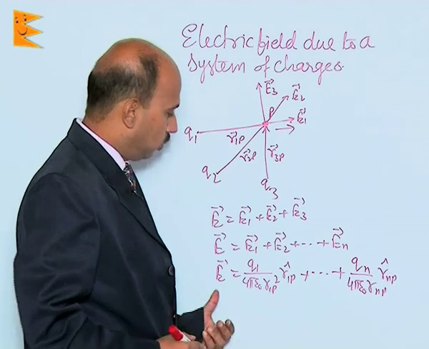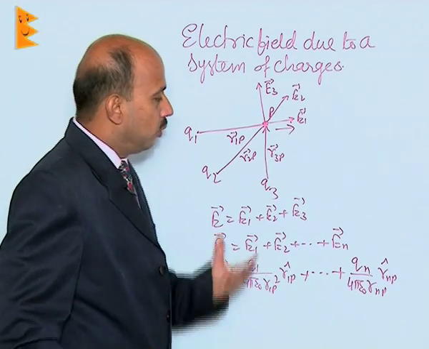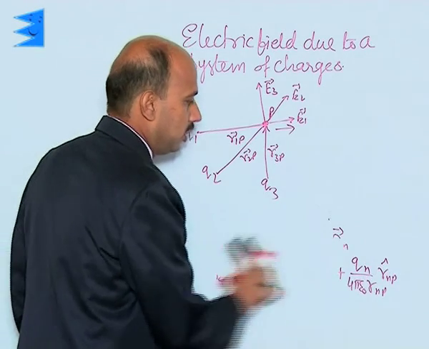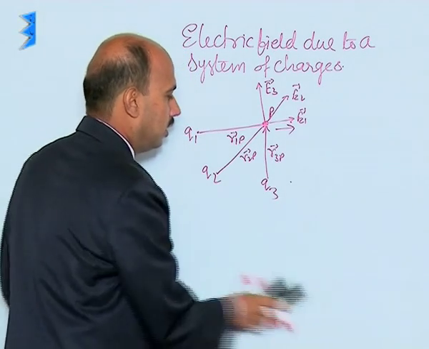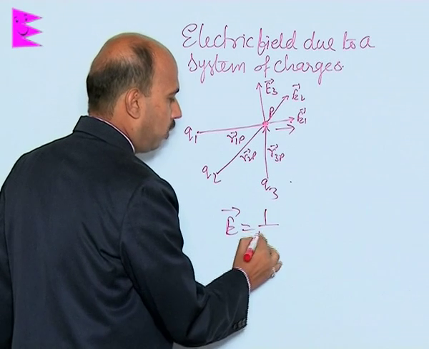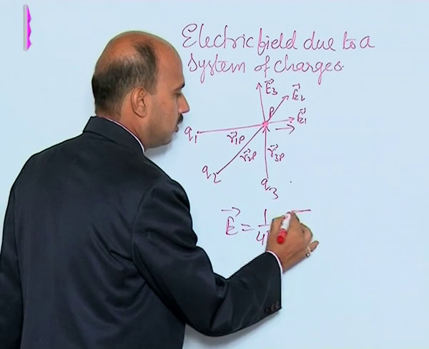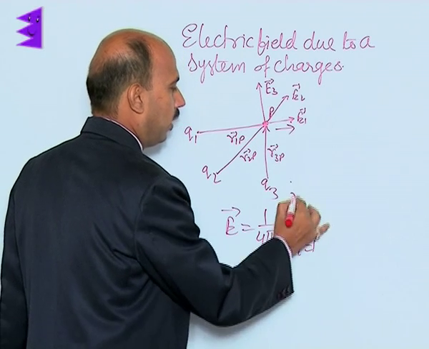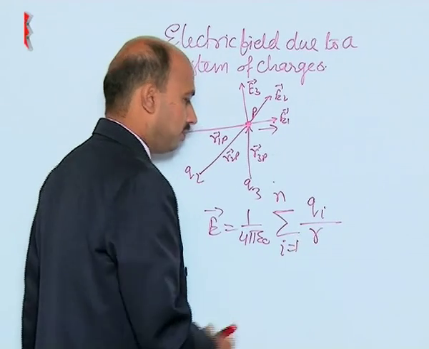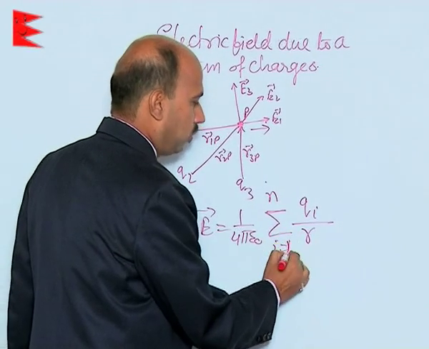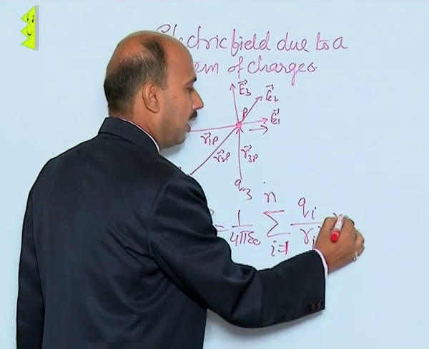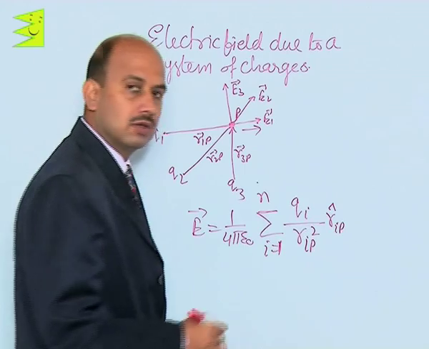Now we can write the total electric field intensity. We can also write it in the short form: E is equal to 1 upon 4 pi epsilon naught sigma i is equal to 1 to n qi divided by rip square rip unit vector.